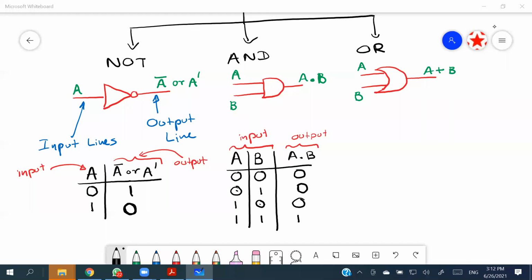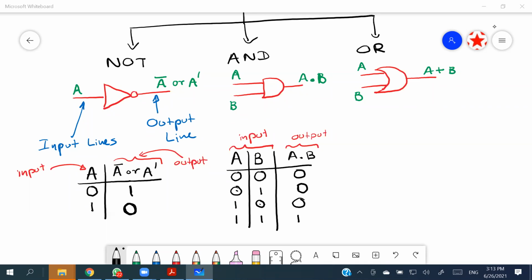Now, when it comes to the 5 input lines, there will be 32 different combinations. As we advance through the lesson, we will see what happens when 3 input lines are there. When there are 3 inputs, there will be 8 combinations, right?